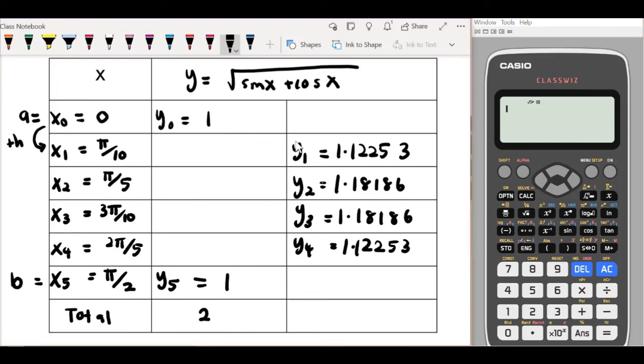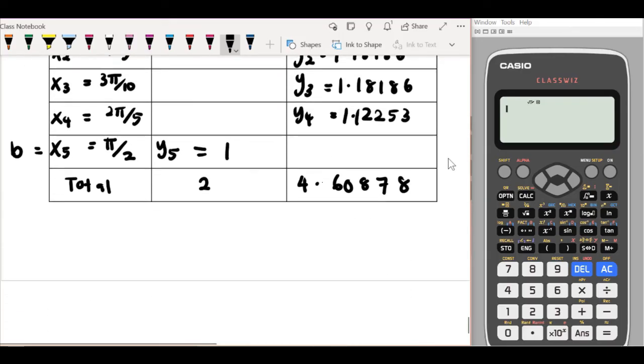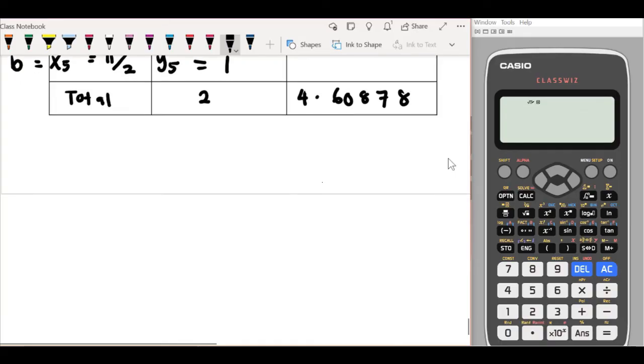And then the remaining values of y, if I total them up, we will get 4.60878. Okay, now we may compute our approximate definite value for our question just now, from 0 up to pi over 2 of sine x plus cos x dx.